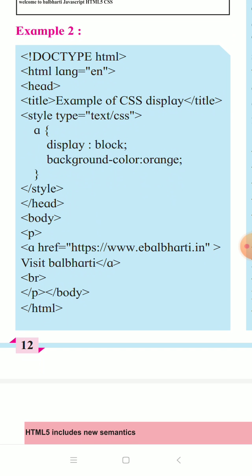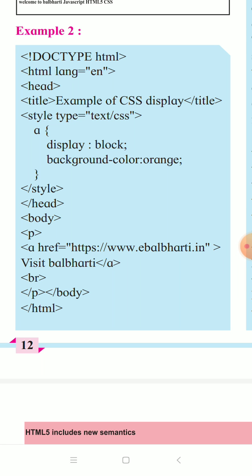See doctype HTML language en. Okay, then head tag, title. Here title example of CSS display, end of title. Here in style tag the attribute is used here type text/css.